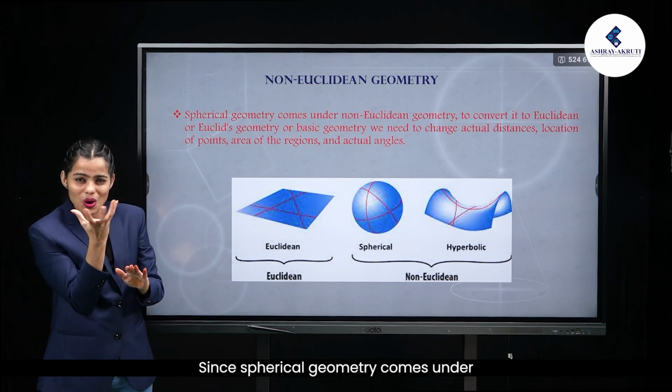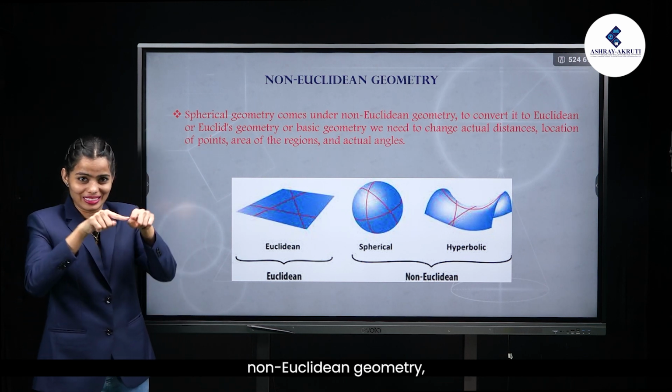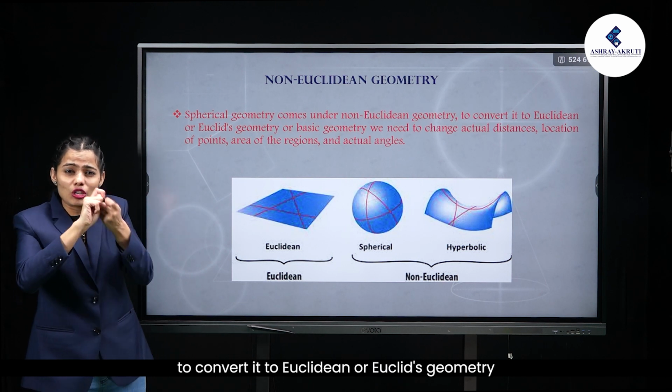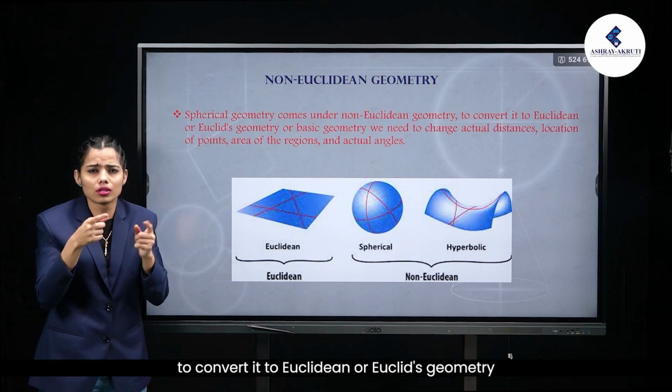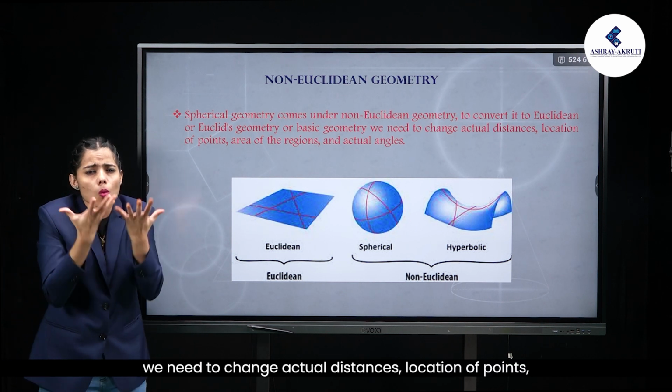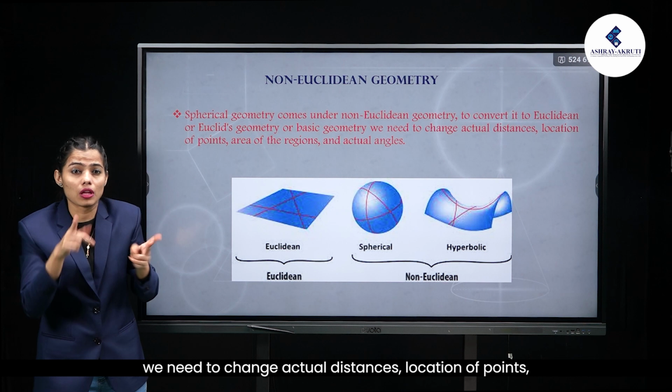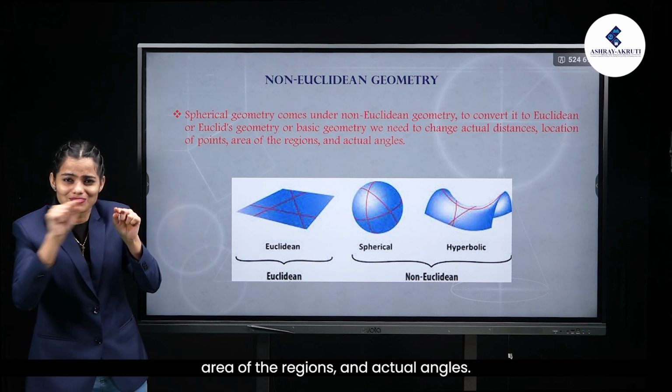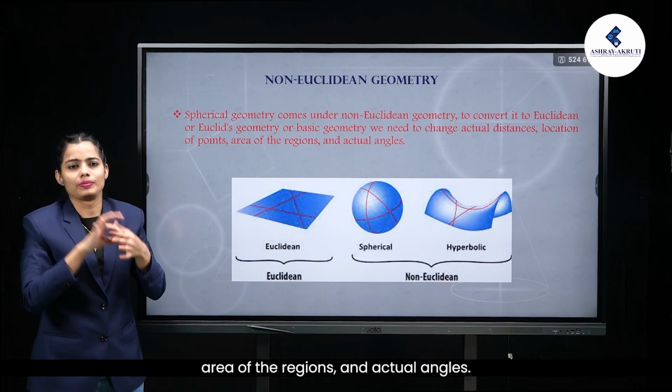Since spherical geometry comes under non-Euclidean geometry, to convert it to Euclidean or basic geometry, we need to change actual distance, location of points, area of the regions and actual angles.